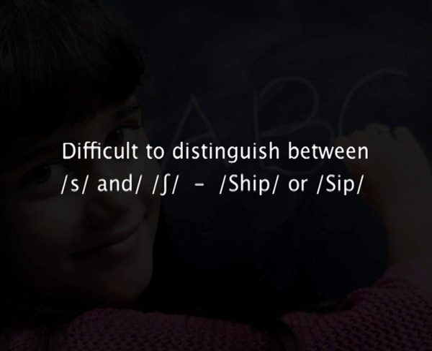Is it ship or sip? I was sipping coffee, or he was on the ship. When you are giving the context, you are able to make the difference. But if you normally say s or sh, it is difficult for some speakers, non-native speakers particularly.